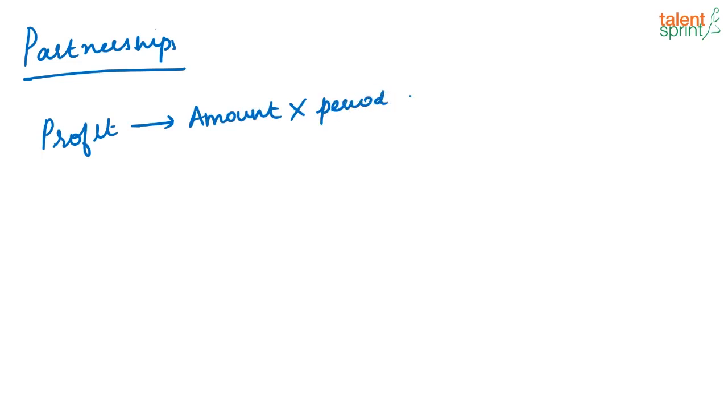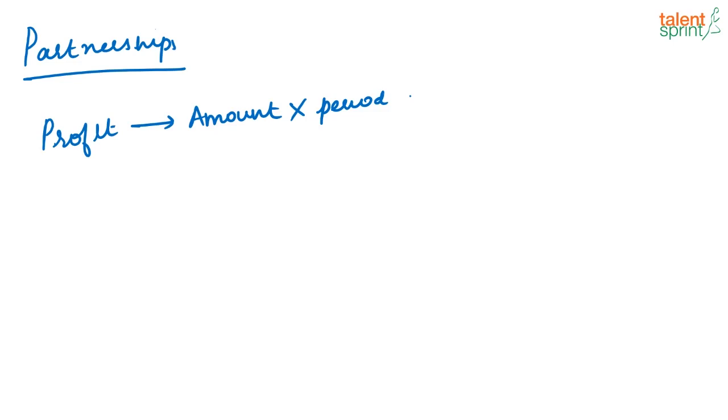If I am investing more amount for more period, I will get more share of the profit. If I invest less amount for lesser period, I will get lesser profit. Basically, depending on the product of the amount that I invest and the period of the investment, the profit will be shared.